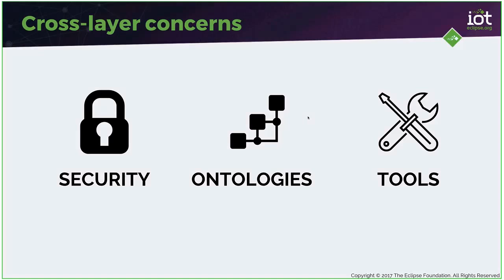Security in terms of who has access to what in terms of the data that we collect, the ontologies, but we'll see that later on. But everything data semantics, we collect large amounts of data.